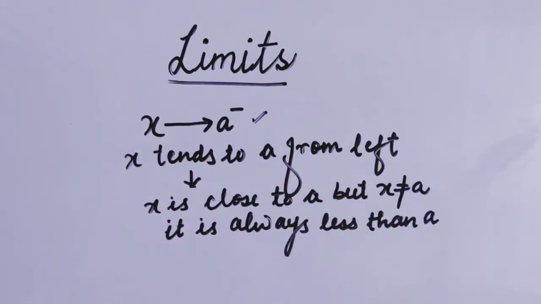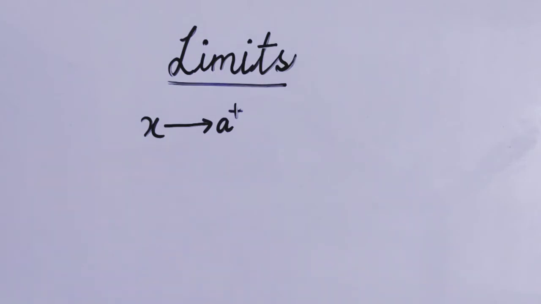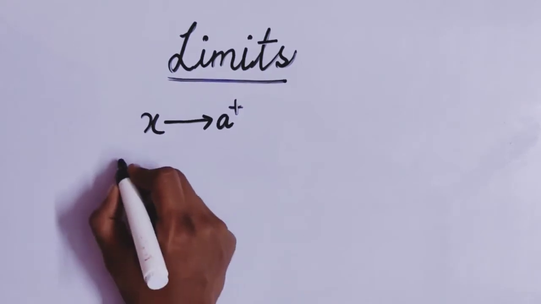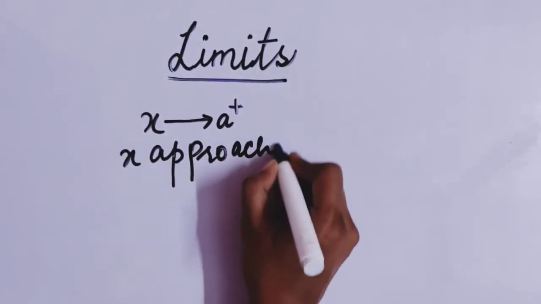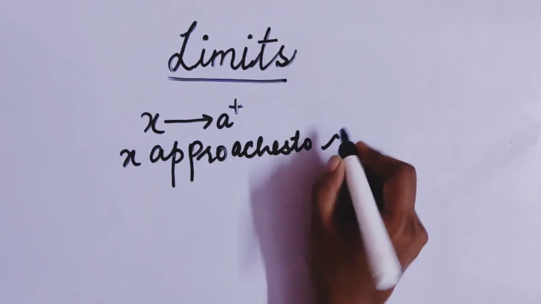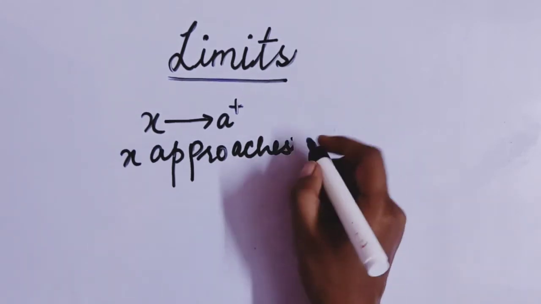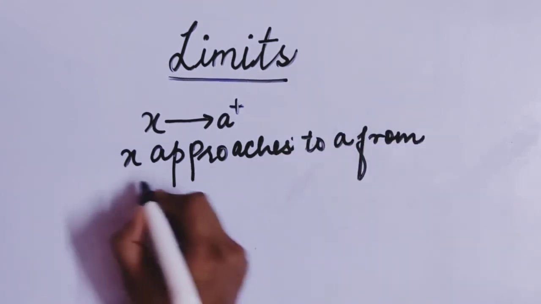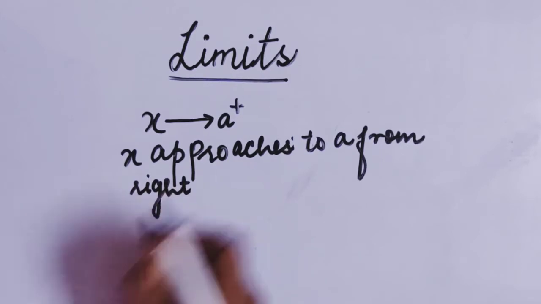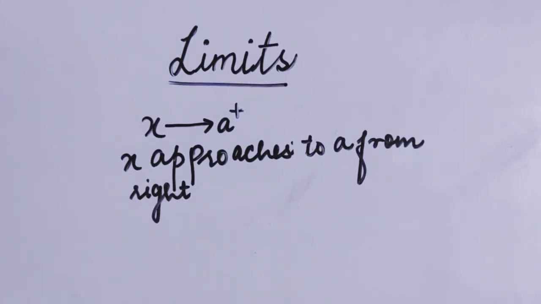Is it clear? Now students, what is this? It means x tends to A from right hand side. X approaches A from right. So the x here is approaching A from the right hand side.